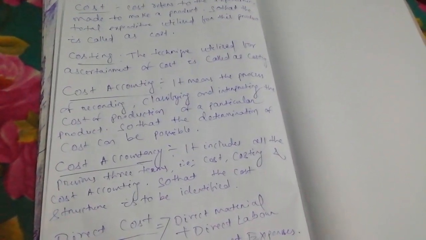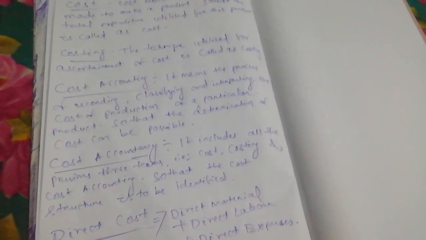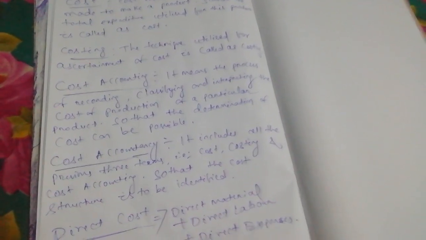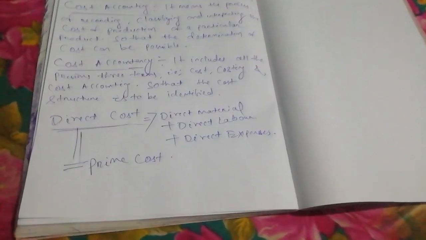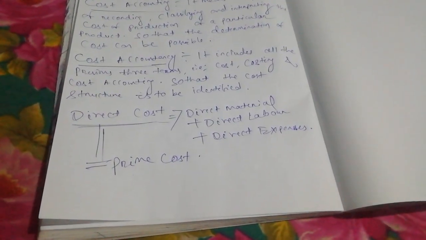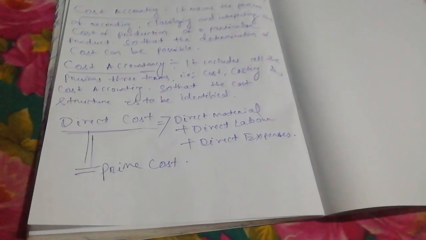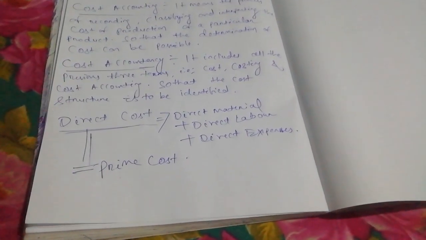Direct cost, another name is prime cost. So prime cost can be understood from these three items such as direct material, direct labor and direct expenses.